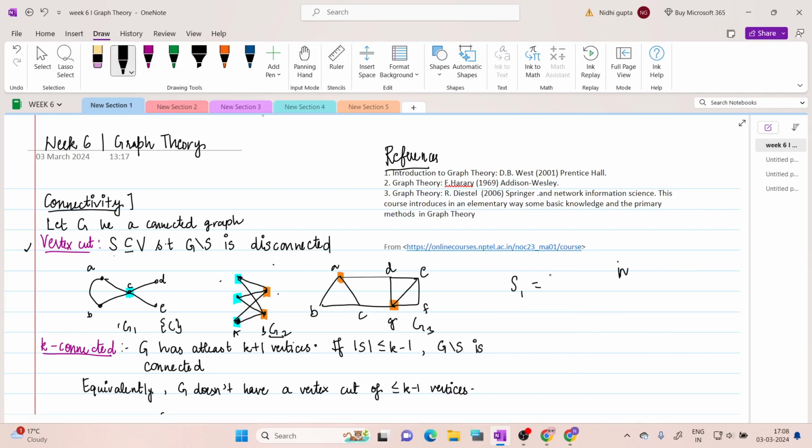If we take S1 equal to CD, then it is becoming disconnected. If we take S2 equal to AG, then also this graph is becoming disconnected.